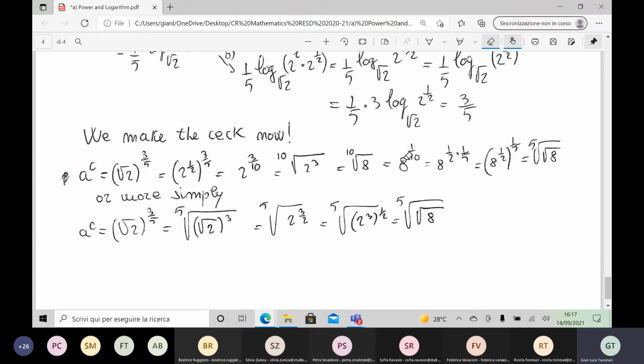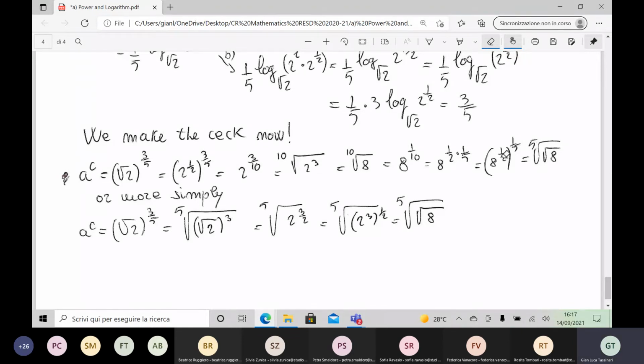But 1 over 10, guys, can be written as a product of 2 powers, 1 over 2 times 1 over 5. Okay, so this term can be written as a power of power, as 8 to the power 1 over 2, everything raised to the power 1 over 5. Saying that this is 1 over 5 means that you can take the root of order 5 of who?